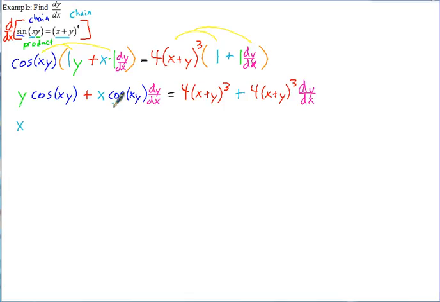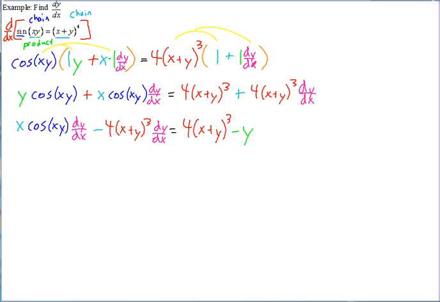I'll leave the x cosine of xy times dy/dx, and then subtract over the 4(x plus y) cubed dy/dx on the left, and then on the right side, we'll leave all the terms that don't have dy/dx. So we'll leave this 4(x plus y) cubed, and then subtract the y cosine of xy. So now all the terms that don't have dy/dx are on the right.